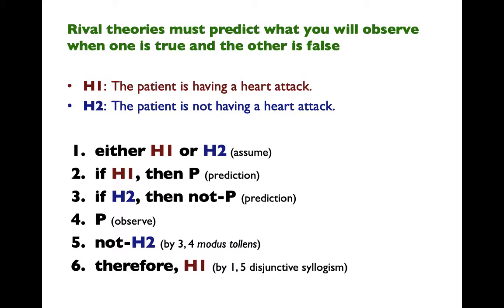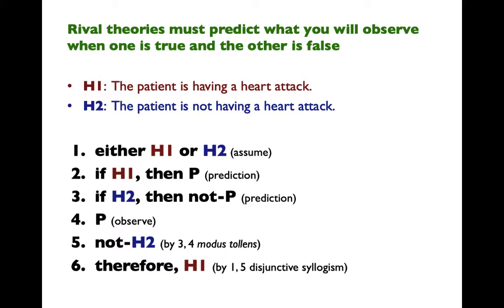Rival theories must predict what you will observe when one is true and the other is false. Here's the reasoning. H1 versus H2. H1 is the patient is having a heart attack, H2 the patient is not. Here's the logical argument. Either the patient is having a heart attack or they are not. If they are having a heart attack, then we predict an erratic EKG.